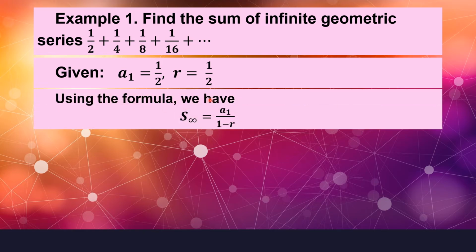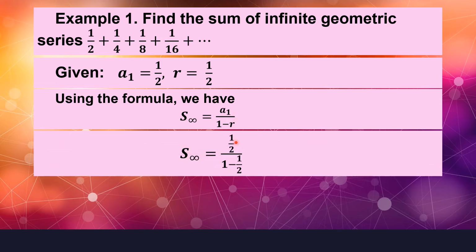Using the formula, just substitute the given values. A sub 1 is 1/2 over 1 minus our R, which is 1/2.